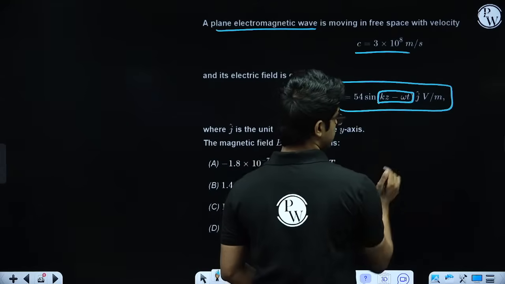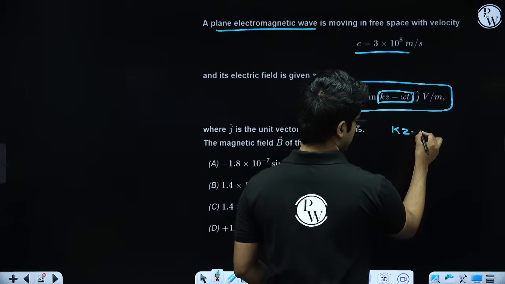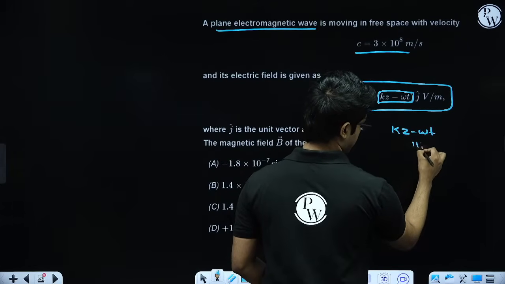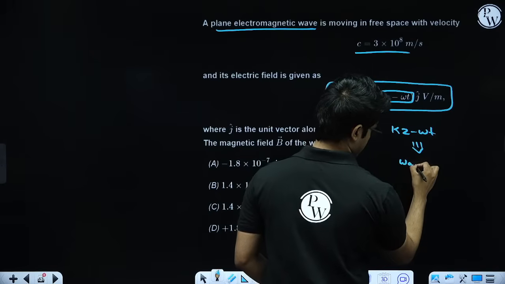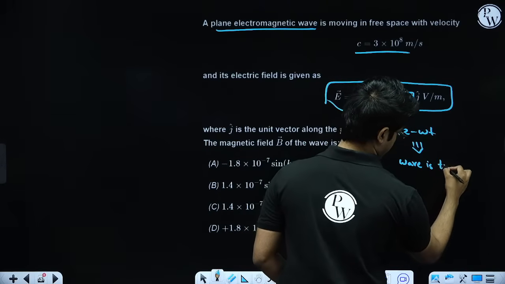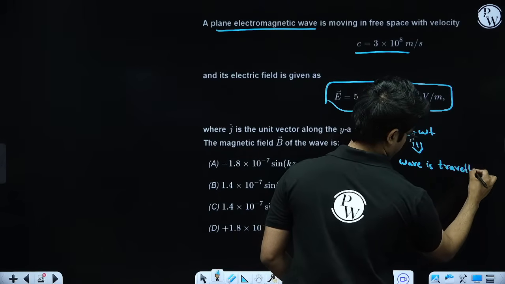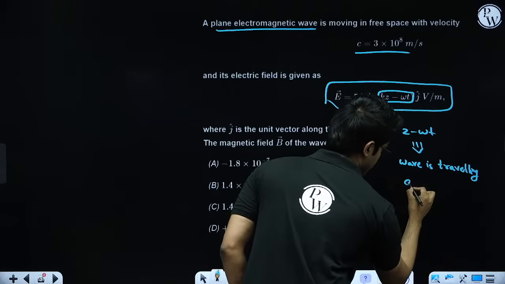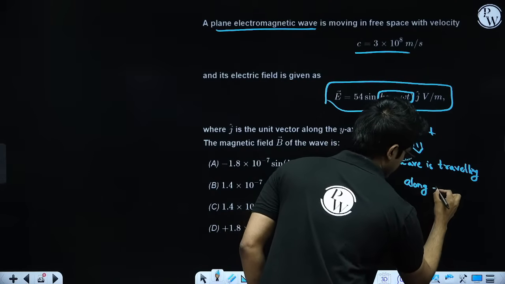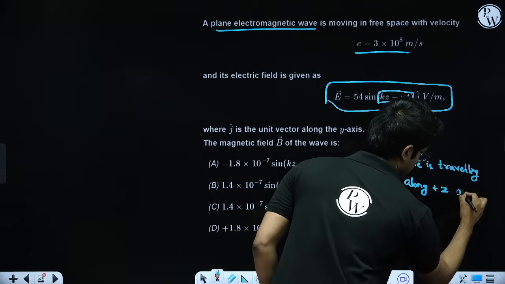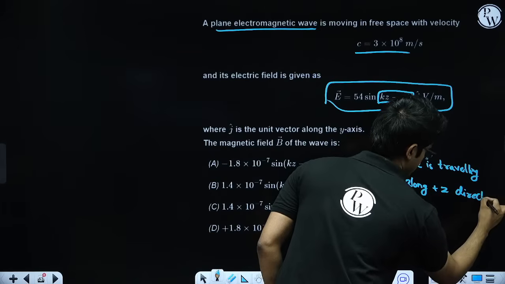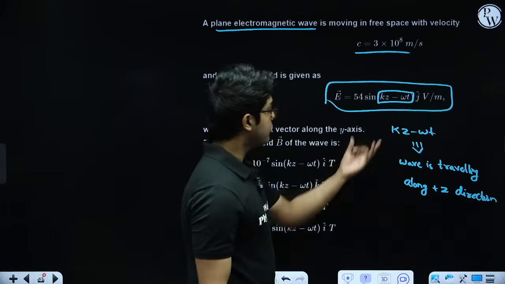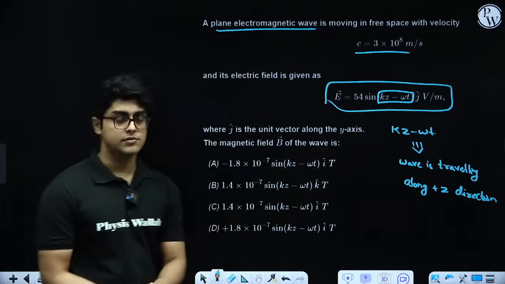So if you have kz minus omega t, that just implies the wave is traveling along the positive z direction.